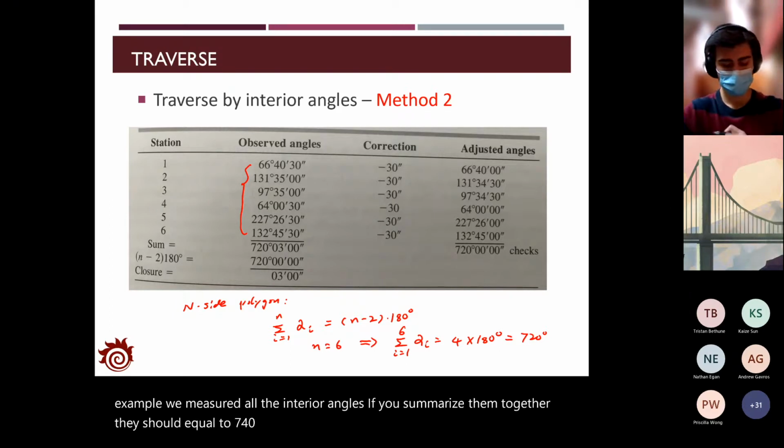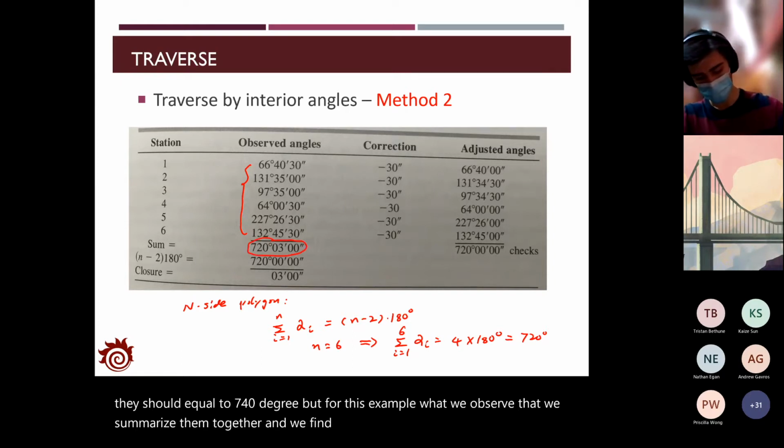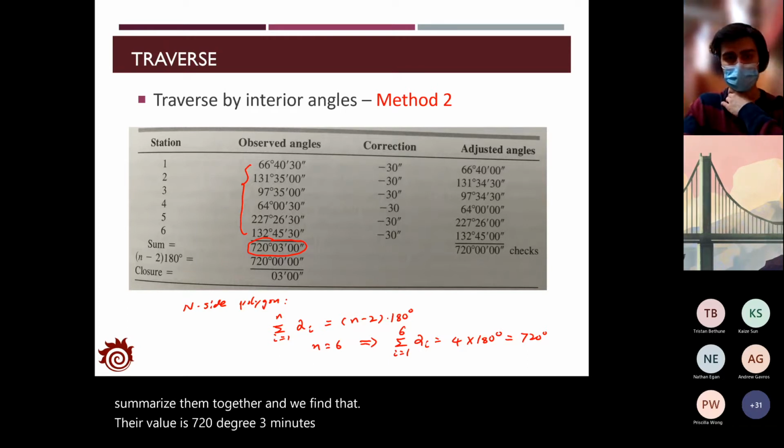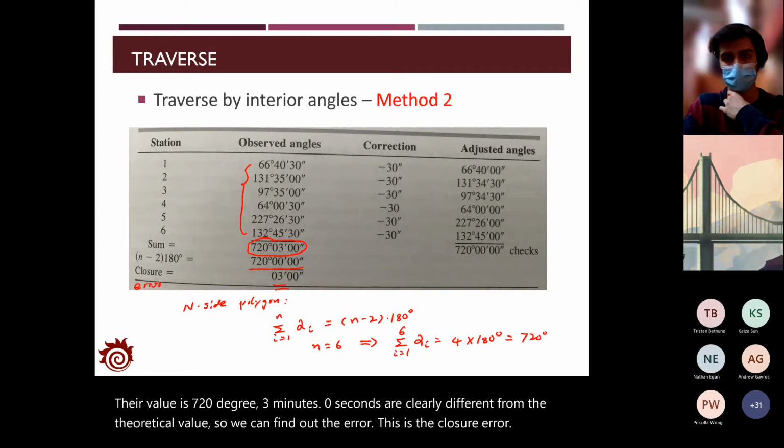But for this example, what we observe is that when we sum them together, their value is 720 degrees, 3 minutes, 0 seconds. Clearly it's different from the theoretical value. So we can find out the error. This is the closure error, 3 minutes.